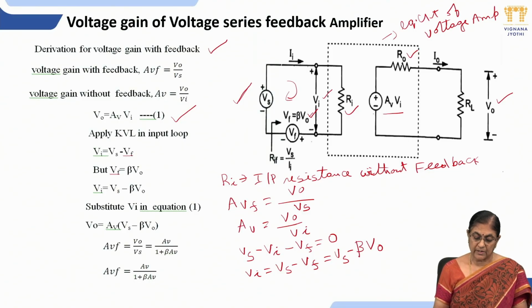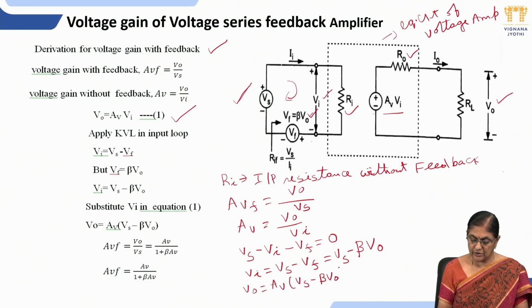Okay. So what is equation 1? Equation 1 is V0 is equals to AV into Vi. Substitute this Vi in equation 1. Then the above expression, equation 1 becomes V0 is equals to AV into Vs minus beta V0.